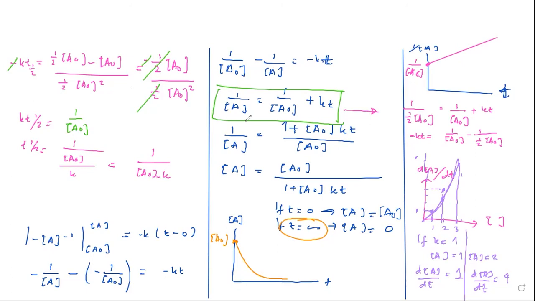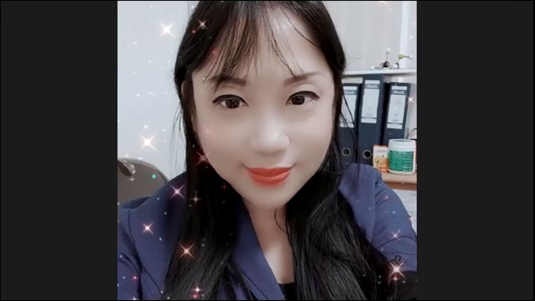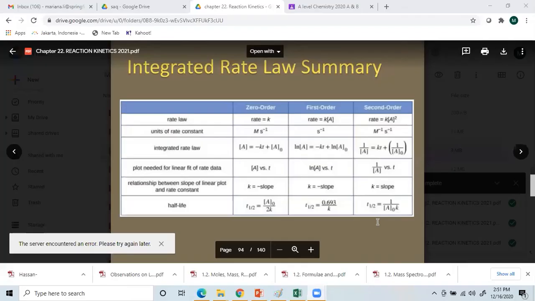Okay, so we are done with the zero, first and second order reactions. I hope you understand how these curves are produced, and that you can understand the mathematical derivation. Okay, so this is the summary.